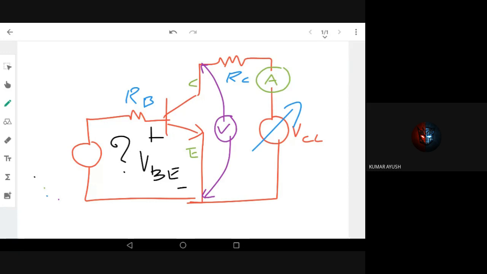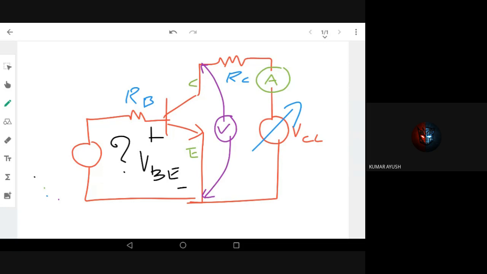Okay, so the answer is yes, we are going to give sufficient VBE so that the transistor is on. If the transistor is off, that means VBE is less than 0.7, there is no point of giving any VCC, because the transistor is not on, IB will be 0. If IB is 0, IC will also be 0.